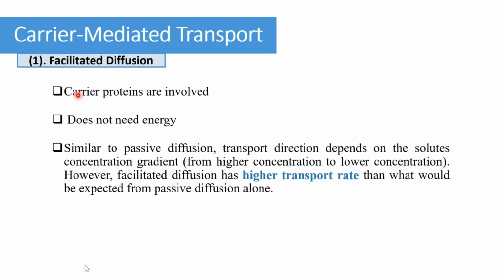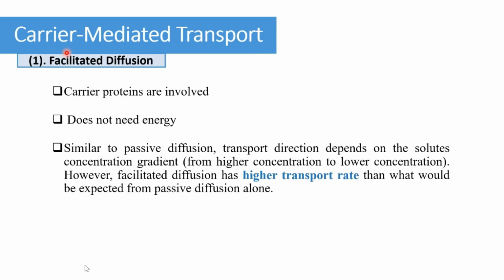However, facilitated diffusion doesn't need energy, so this is similar to passive diffusion, right? Similar to passive diffusion, transport direction depends on the solute's concentration gradient, from higher concentration to lower concentration, of course.